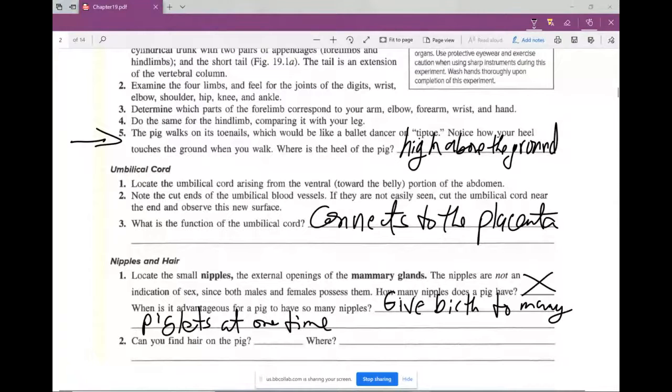So you need all of those nipples to make sure that all the pigs are able to drink milk. Can you find hair on the pig? Absolutely. Where? Well, there's some on the chin, the elbow, and on the back sometimes.